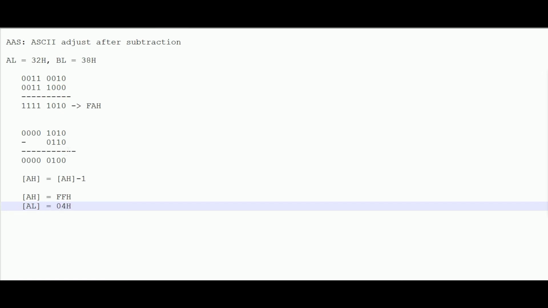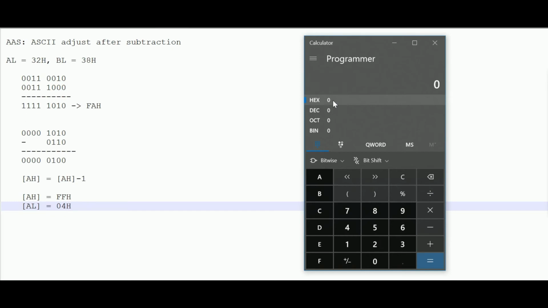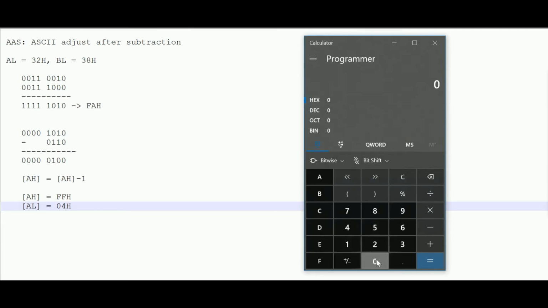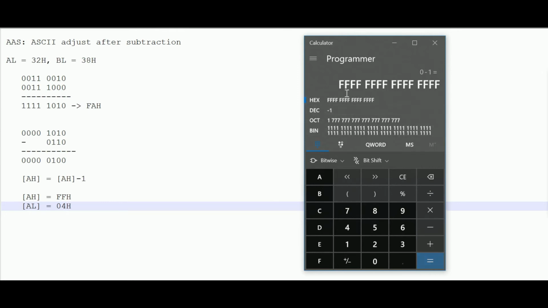Now I can demonstrate this with a calculator also. So let's have a look. Here we have a calculator, so you can use your Windows calculator. Go into programmer mode, select hex, and do 0 minus 1. 0 was the initial content of your AH, and if you subtract 1, you get all F's.